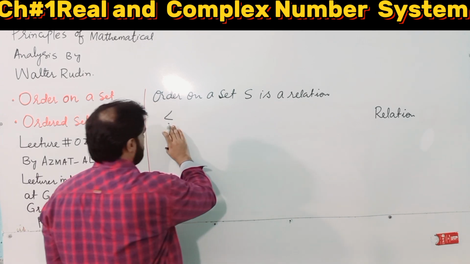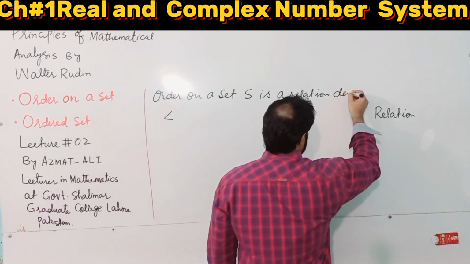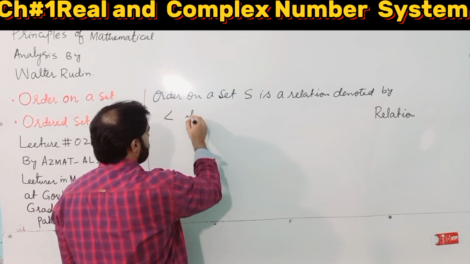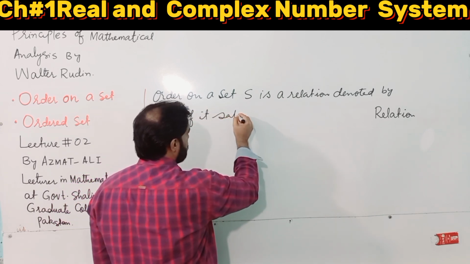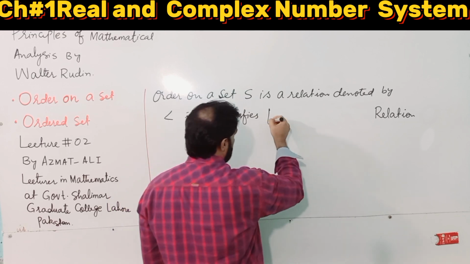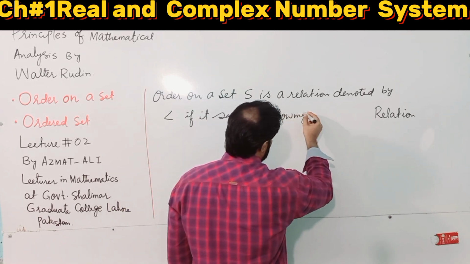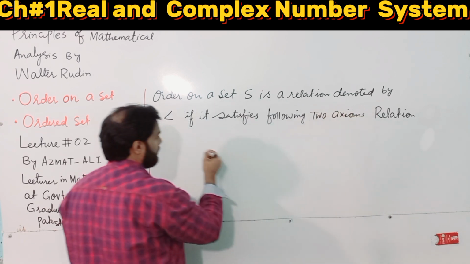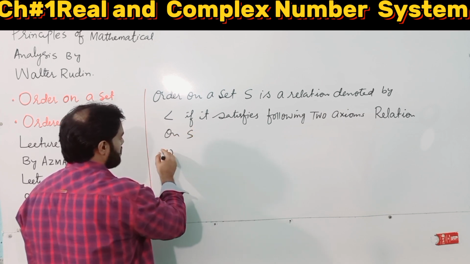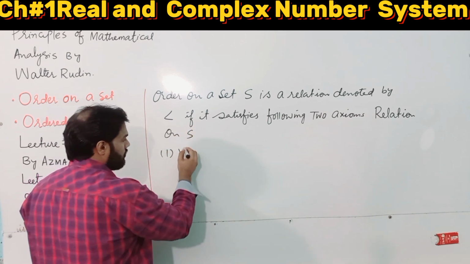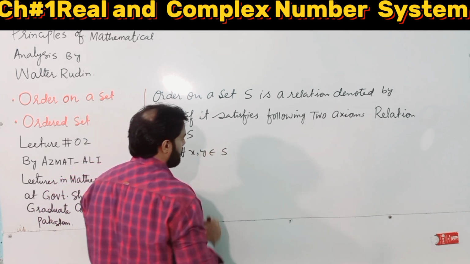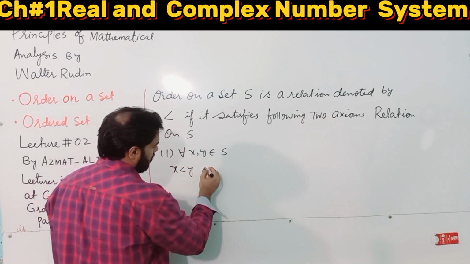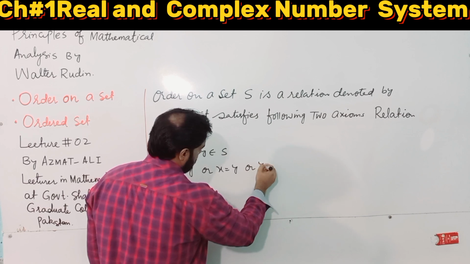Order on a set is a relation, denoted by the less than sign, if it satisfies the following two properties or axioms on S. The first property is: for all x, y belonging to S, exactly one of the following holds: either x is less than y, or x is equal to y, or y is less than x.